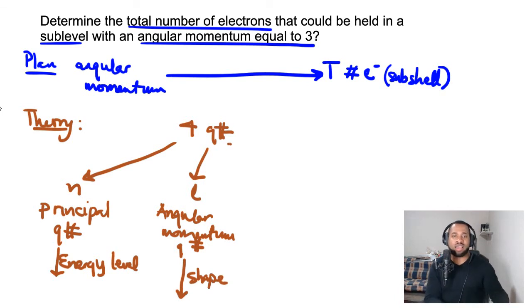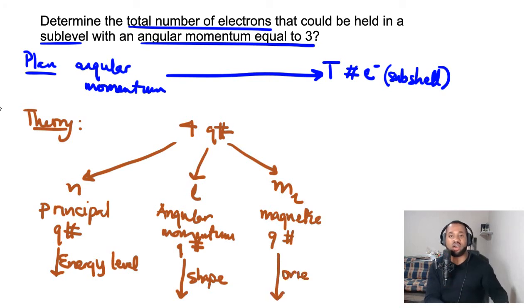Next is m subscript L, which is the magnetic quantum number, and it explains the specific orientation of our shape.